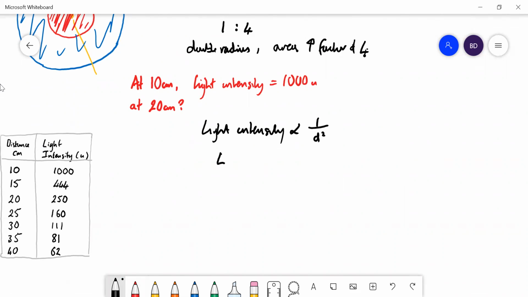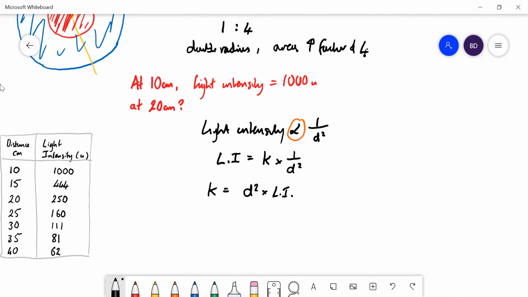So light intensity is equal to a constant, which is little k, multiplied by 1 over d squared. Let's rearrange that to work out the value of k. So k is equal to d squared multiplied by the light intensity.